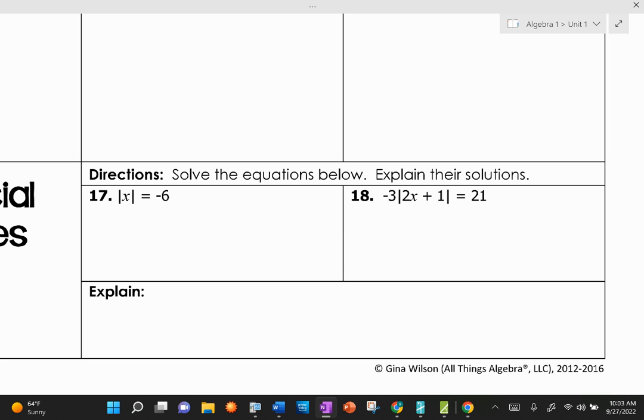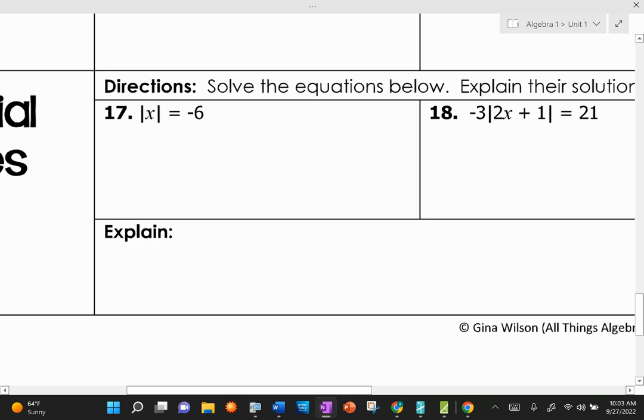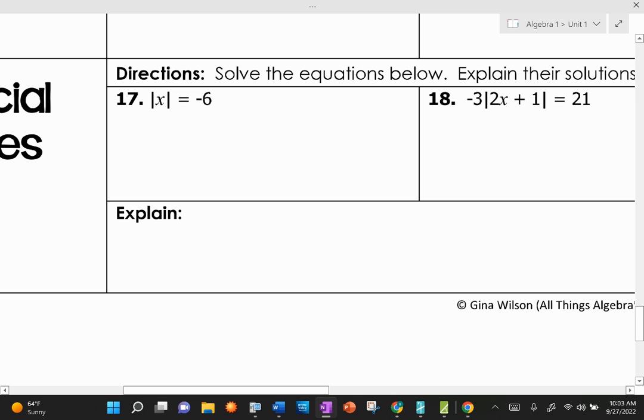So if I'm saying the distance between me and Winter is 6, the distance from Winter to me is also 6, not negative 6, right? It's the same distance. We're just moving in different directions. So along those lines, if we have an absolute value that's equal to a negative number, that is not possible.